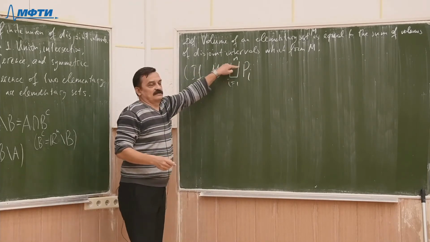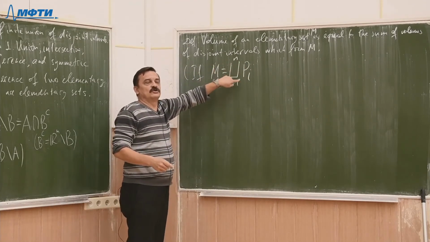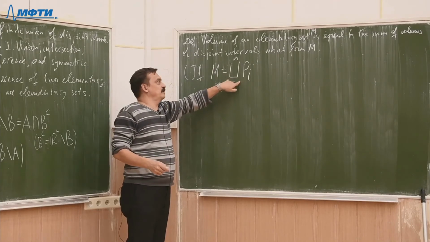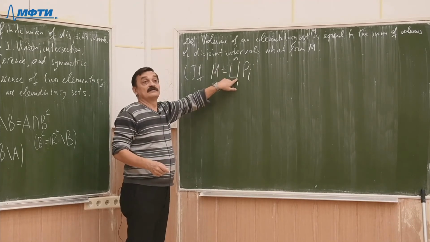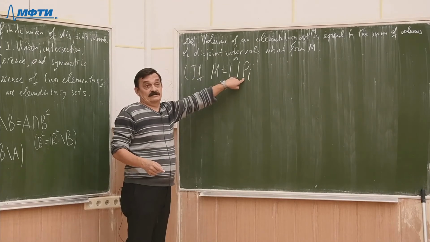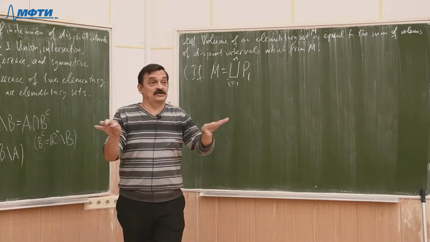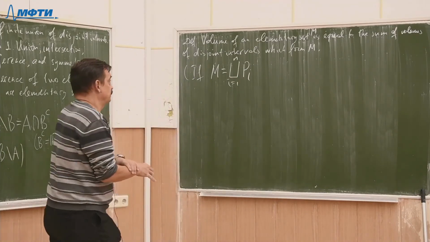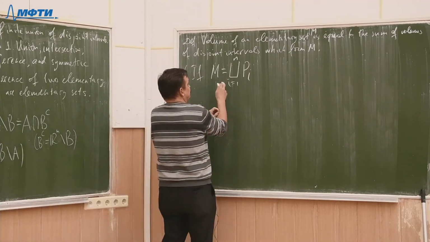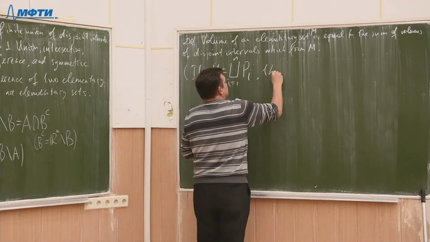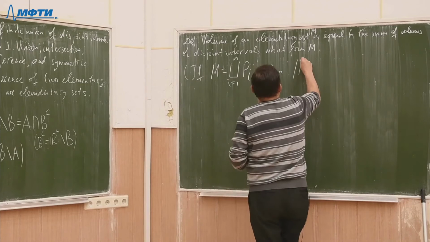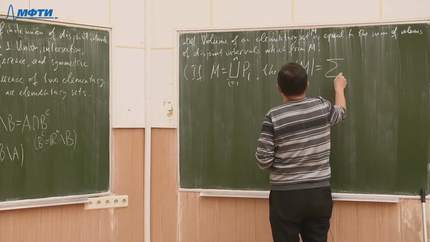So what is it? That is a union. But when I write like that, these are disjoint sets, so they do not intersect each other, right? That is a union of disjoint sets. Then the volume of M is equal to the sum.